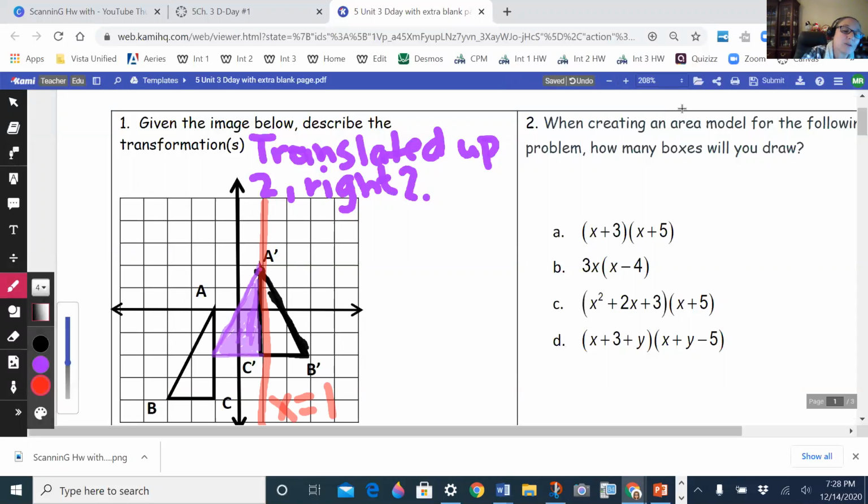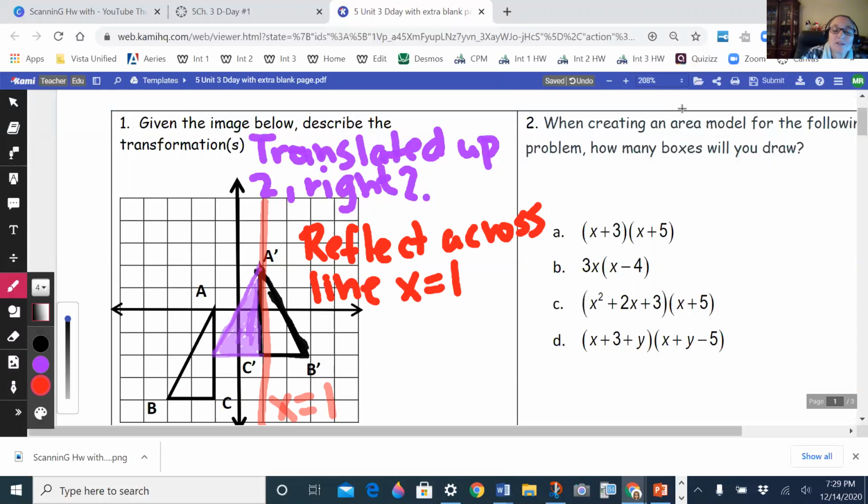So we reflect across the line x equals 1. When we do that, it's going to end up right here for our answer. So again, translate up 2, right 2, and then reflect across the line x equals 1.